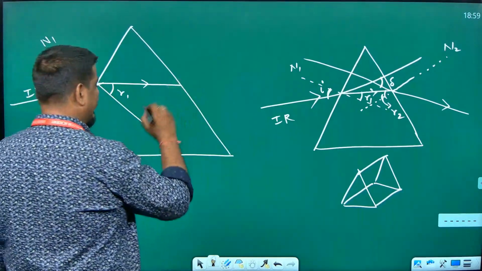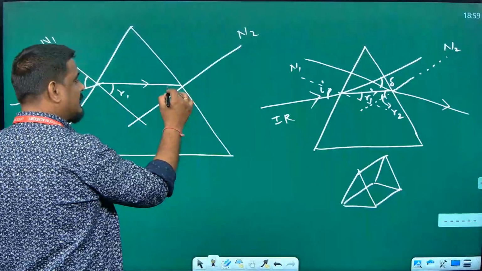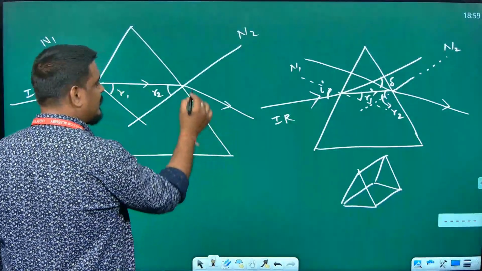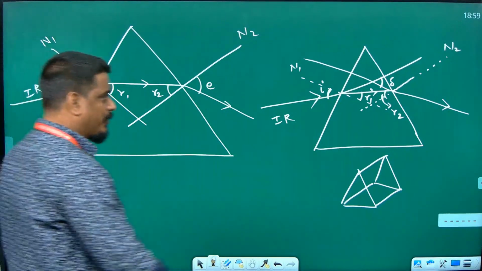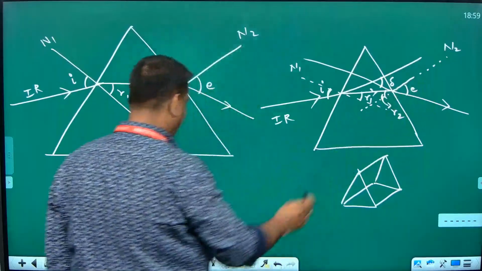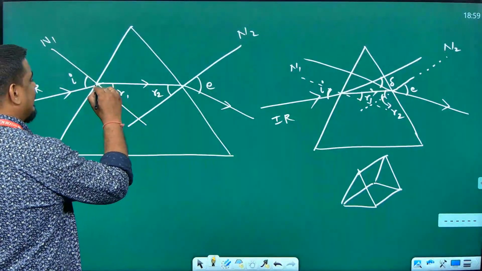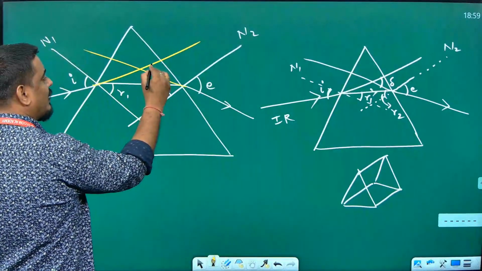Then I have drawn second normal like this. I am naming it as N2. This angle I wrote as R2 and I took the ray out. This is angle of emergence obviously. And when I extend my incident ray and if I extend my emergent ray, what is the angle?